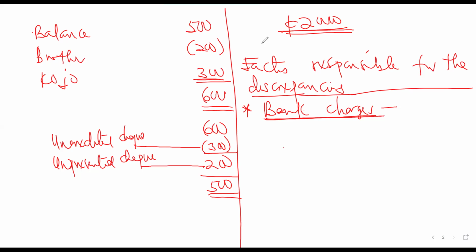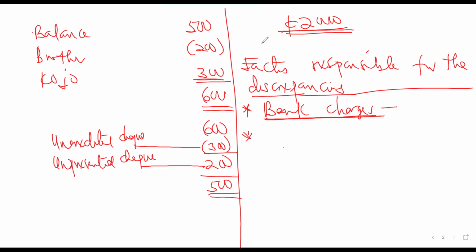So if you know your bank charges, it should be subtracted from your adjusted cash book balance because it's an expense that should have reduced your cash book balance, but it has not been entered. So you will now enter this. So the first one is the bank charges.